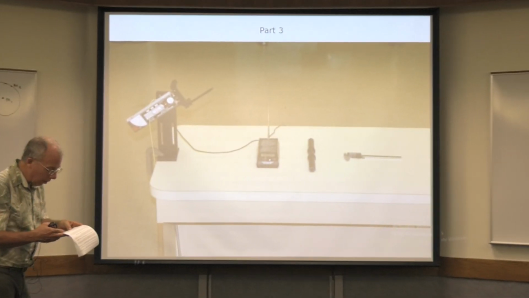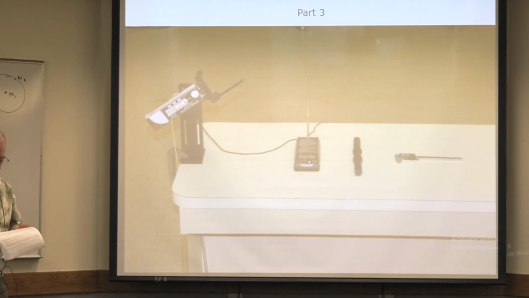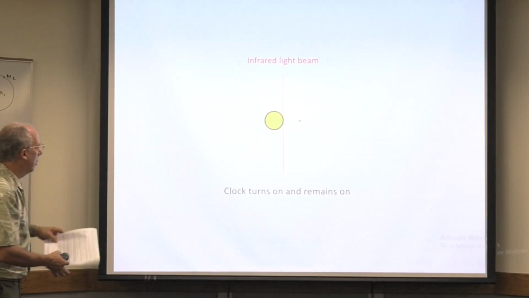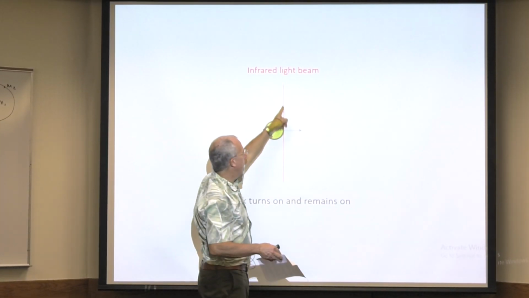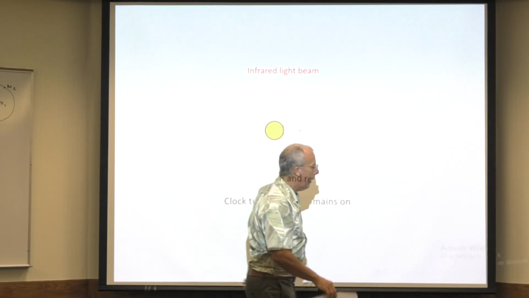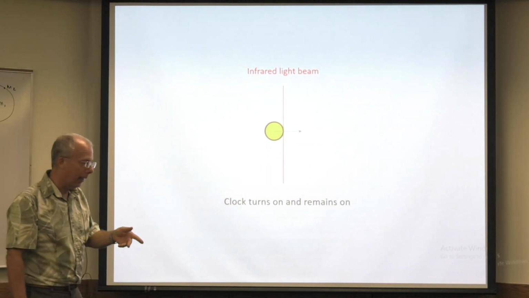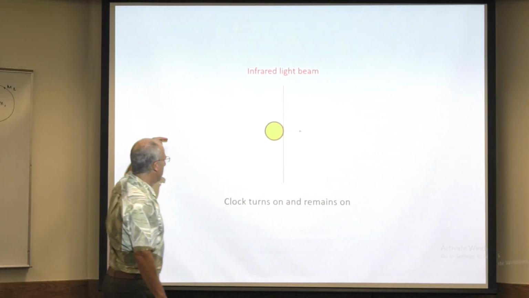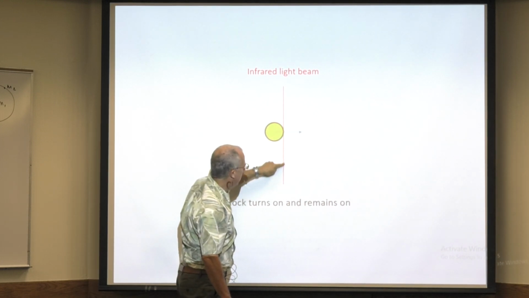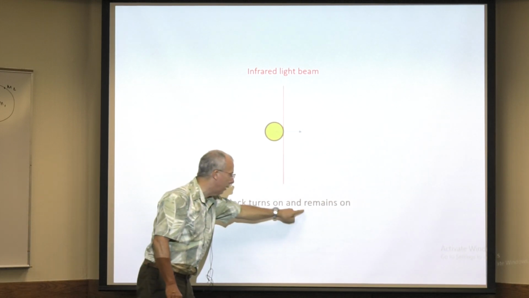But now we're going to use the photo gate in a completely different way. Here's the light beam, just pretend, and say the ball is going in this direction. We're going to set up the photo gate and a timer in a new way. As soon as the ball crosses that light beam, the clock is going to turn on, and it's going to stay on.